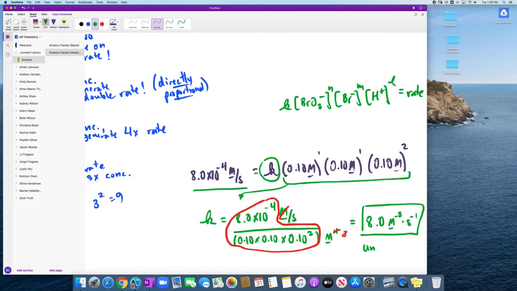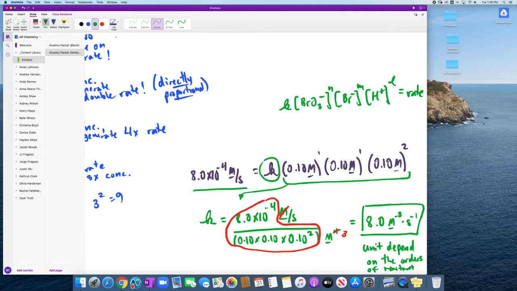The units really depend on each reaction. They depend on how the rate law is set up and the orders of the reactants.